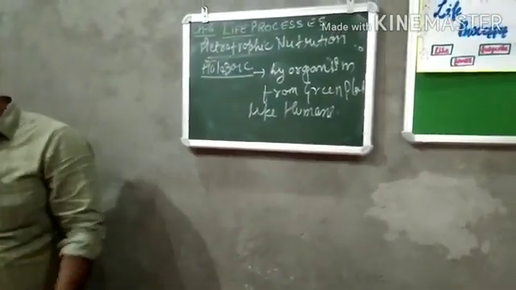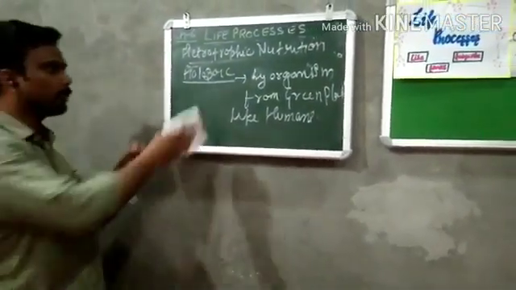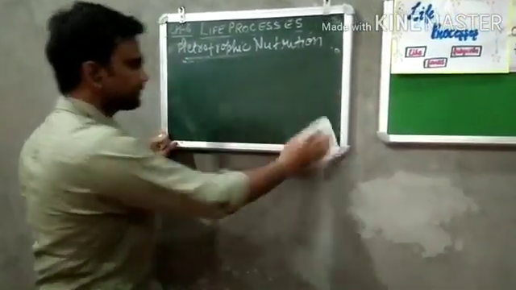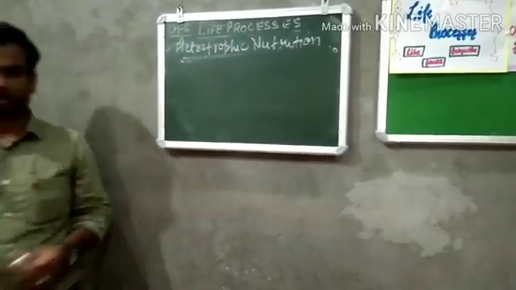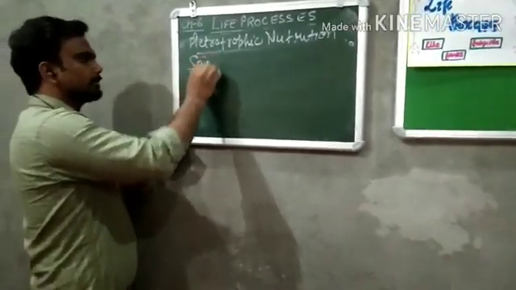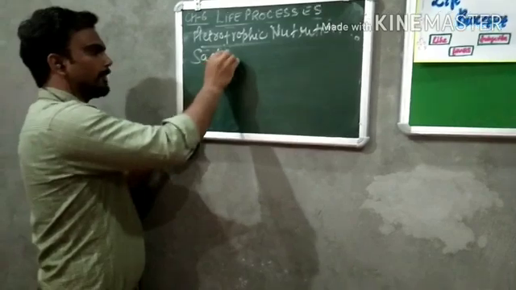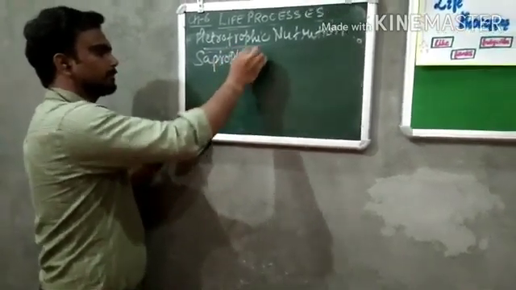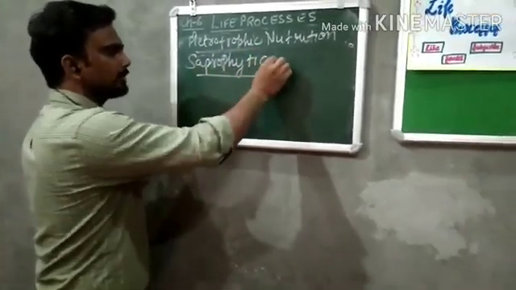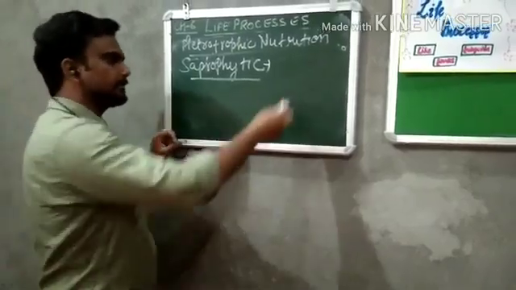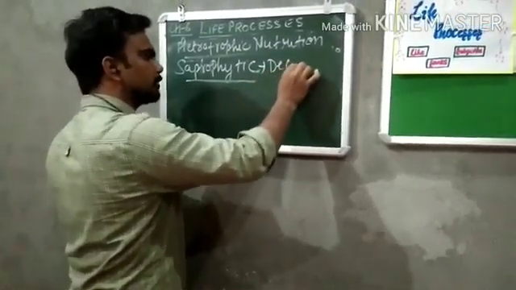The next type of heterotrophic nutrition is saprophytic nutrition. This is also known as decomposition.